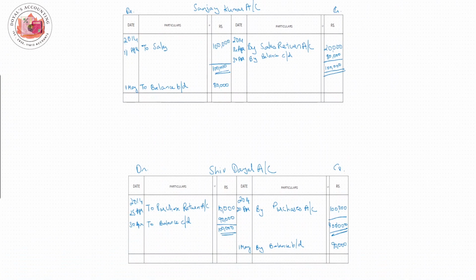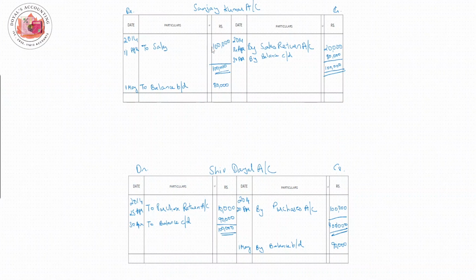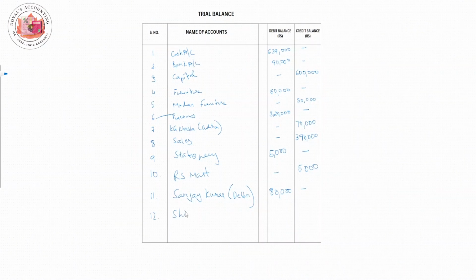Sanjay Kumar has a debit balance of 80,000. So that means he is our debtor. Debit balance 80,000. Then Shiv Dayal has a credit balance of 90,000. Credit balance makes him our creditor.